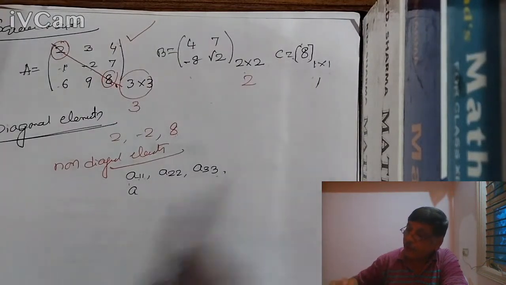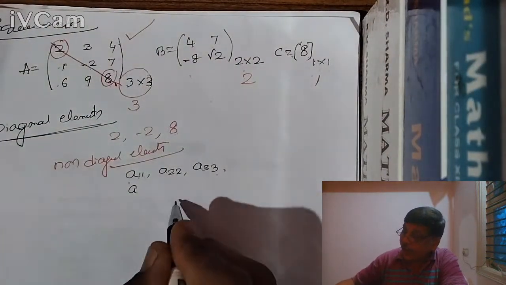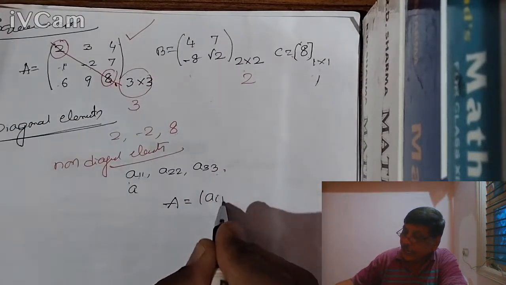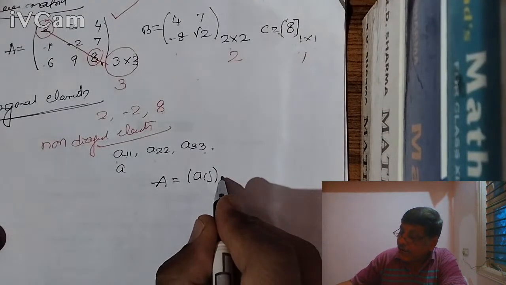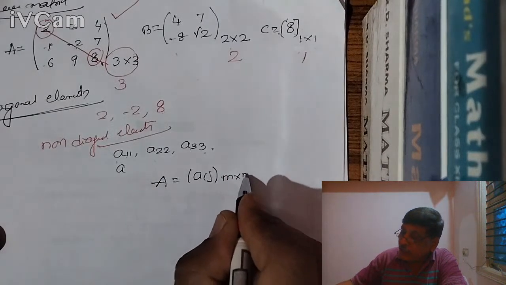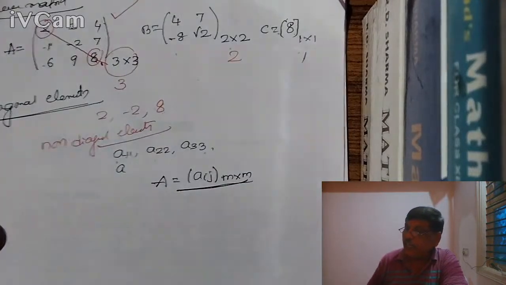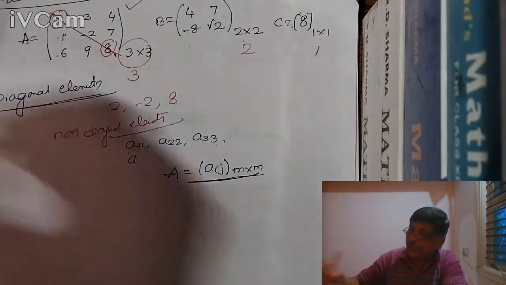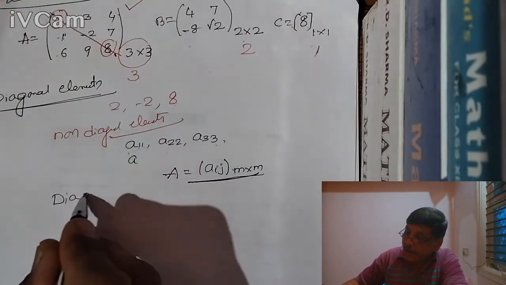Okay. Then how do you define a general matrix? So we define a general matrix A equals Aij, m cross m. This is the general definition of a square matrix. Okay, I hope all of you got it. Is it right? Next we move to the diagonal matrix.